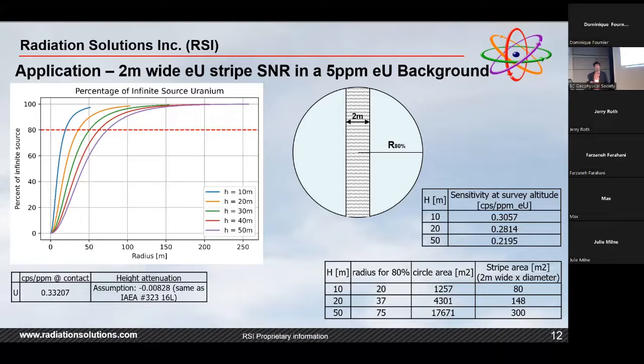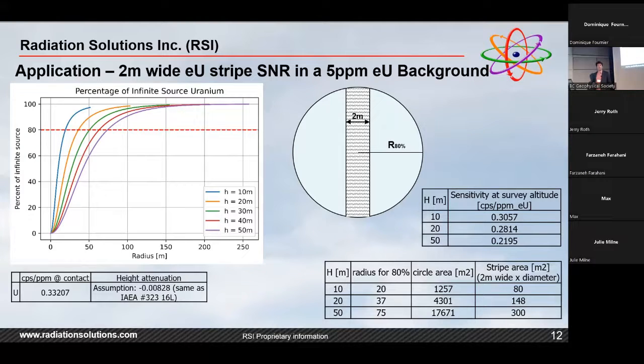As I mentioned earlier, you get radiation not coming only from below the detector, also from the side. So where is the signal coming from when I'm measuring at a given position? You can compute the radius that I'm actually looking at with the detector. And you can tell that if you're flying at 10 meters, 80% of your signal is coming from a radius of 20 meters around you.